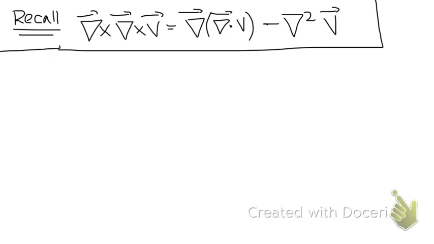So let's first apply this curl of curl on V, and suppose that V is going to be my electric field E. So first I'll be deriving Maxwell's wave equation for the electric field, right? So let's go ahead and do that.